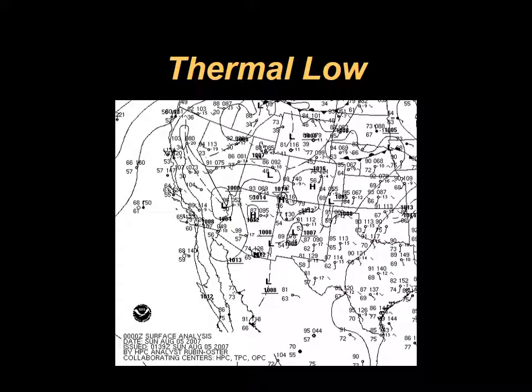So here's an example of a thermal low. You can see across California, Utah, New Mexico, all these little, really weak low pressure systems. Those are all thermal lows. You can see that this occurred in August, and as a result of the strong surface heating, you get relatively lower pressure across the California, Nevada, Utah region.